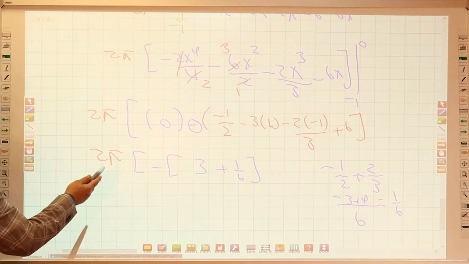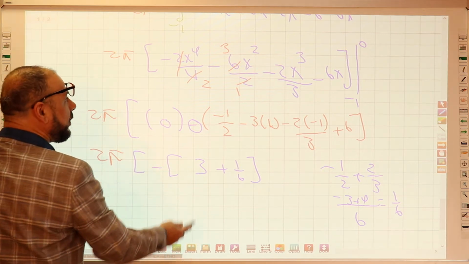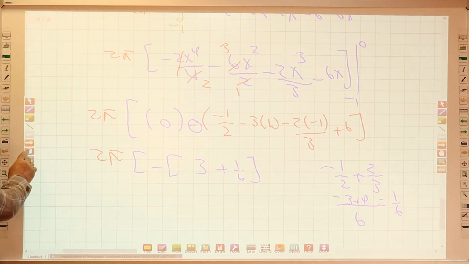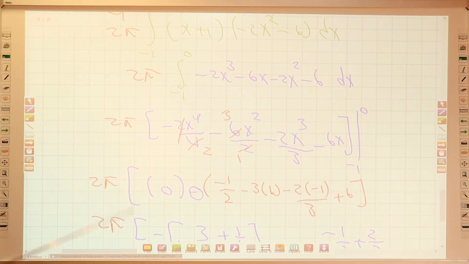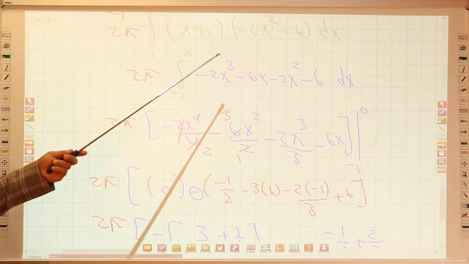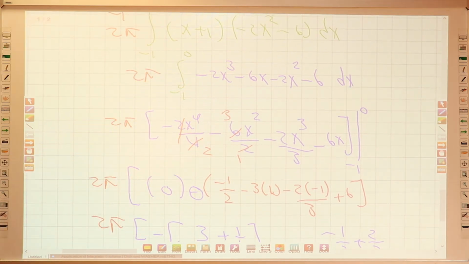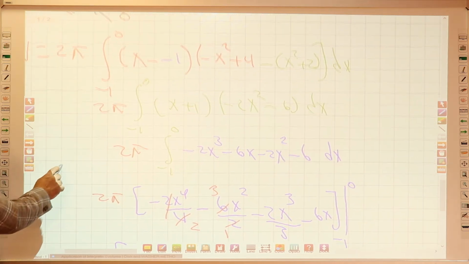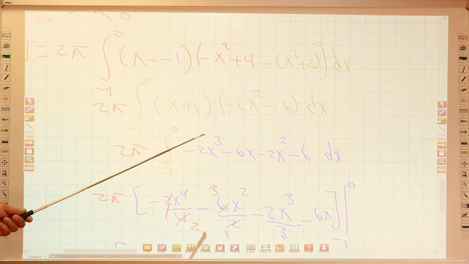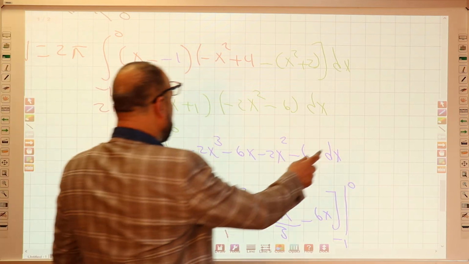If the answer is negative, you make it positive. This is 18/6. Let me see what I did here in my integration: x plus 1 times negative 2x squared plus 4. Maybe I did something wrong here. Guys, just review. Plus 4 minus 2 is 2.